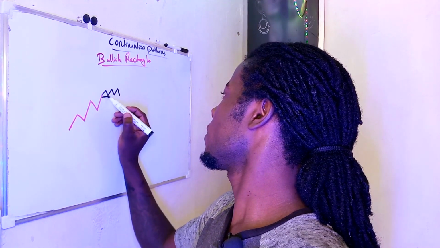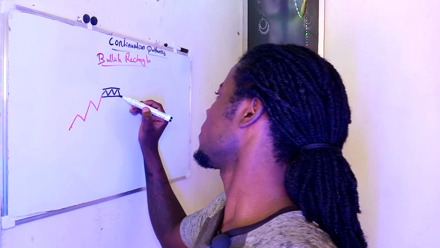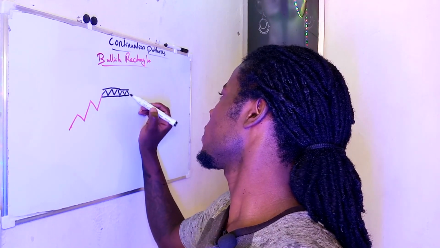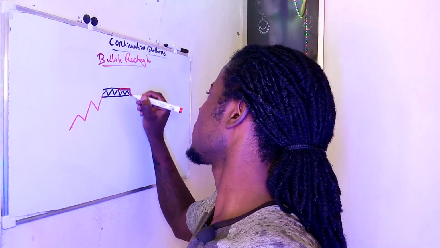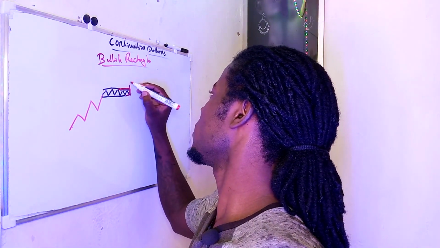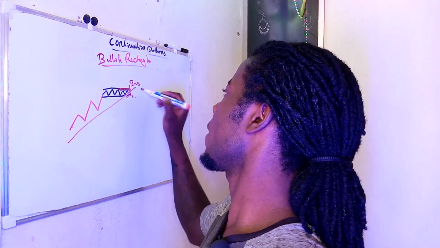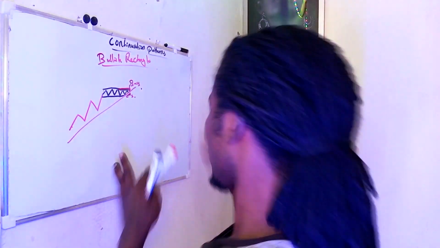Just mark that and identify that. The market continues moving sideways. All you have to do is wait for the market to break out of this rectangle zone, then take your buy entry, with a stop loss, for this continuation to the upper side. Easy. That is called a bullish rectangle.